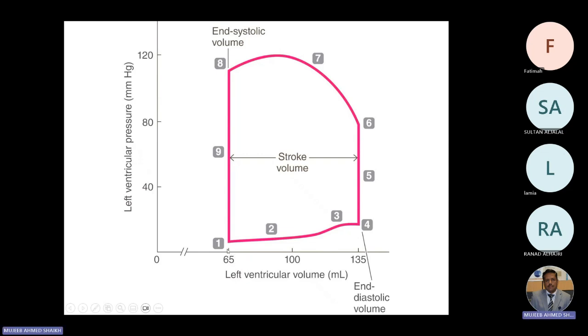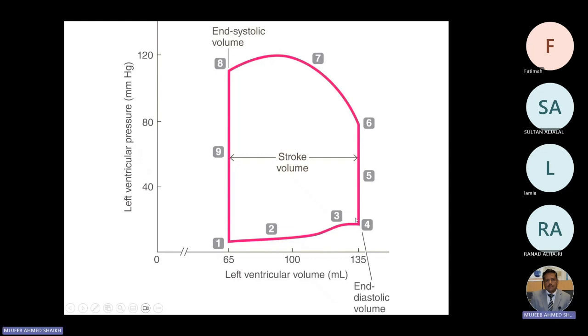So 65 ml of blood is present. Then the ventricles are receiving blood from the atrium, so it is increasing. If you go on the x-axis, you will see that there is an increase in the volume from 65 up to 135. So this is all diastole.